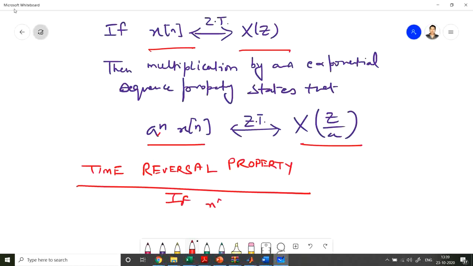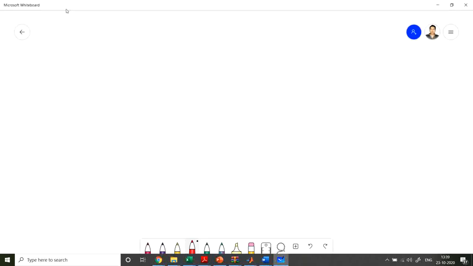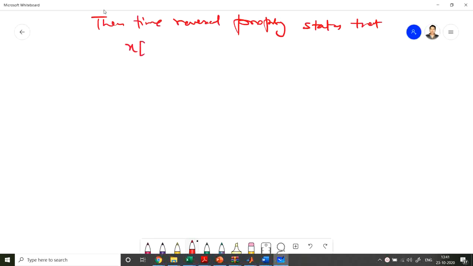If x[n] has z transform X(z), then the time reversal property states that if we take x[minus n], then the z transform is equal to X(1 by z).